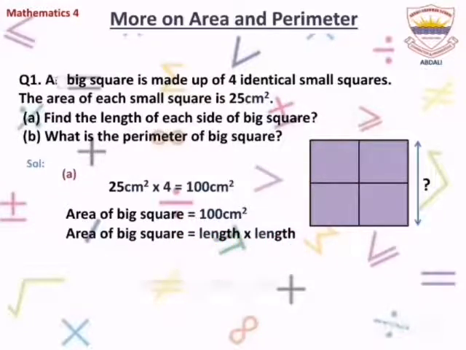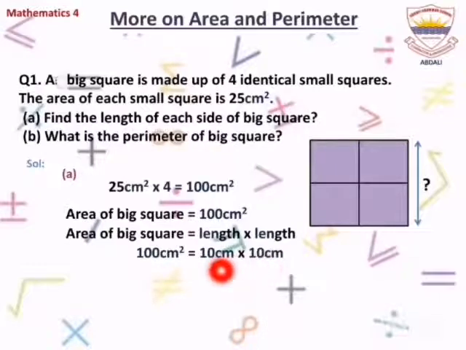So 100 centimeters square is equal to 10 multiplied by 10. The length of each side of the square is 10 centimeters.